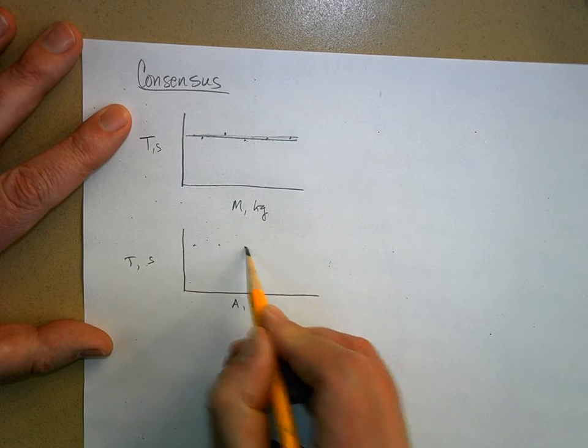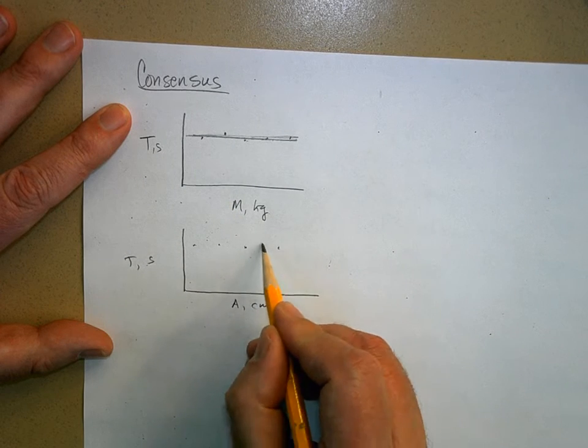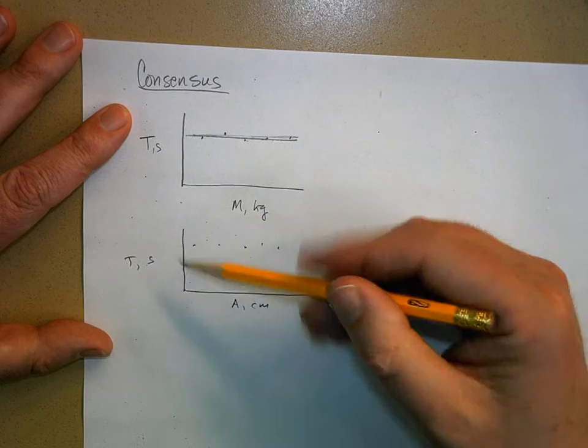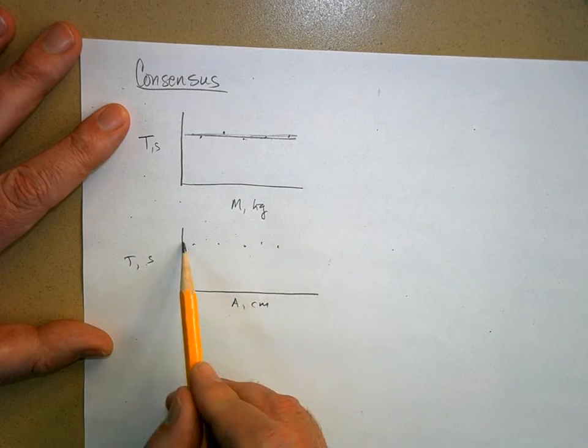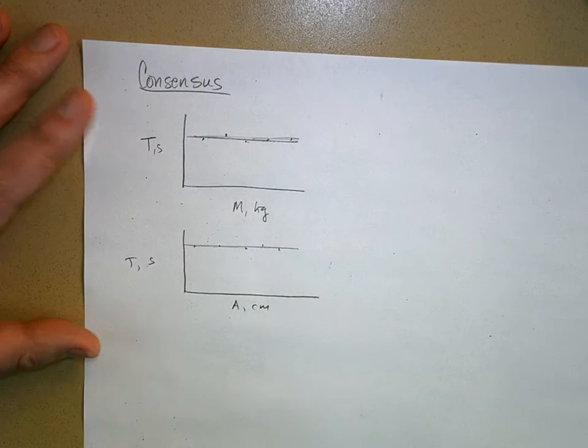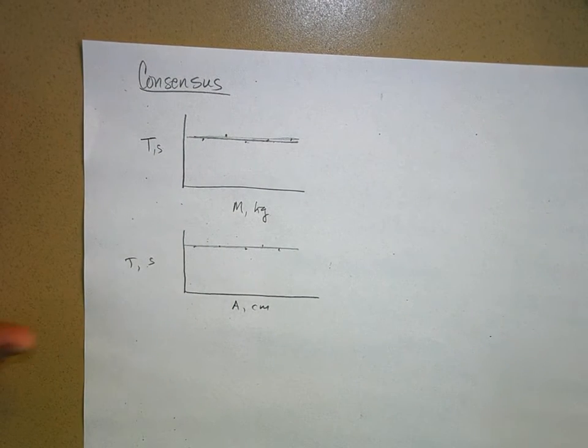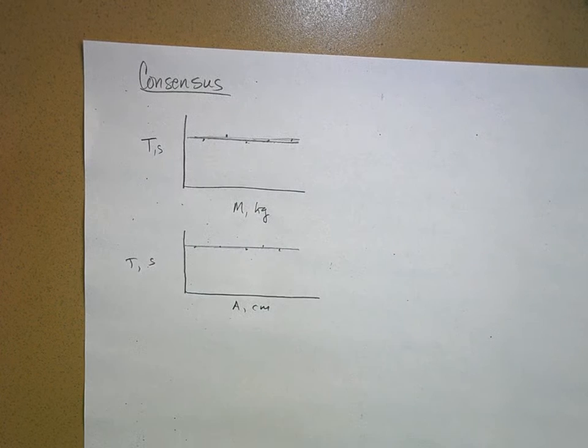It might vary a little bit, but overall, if you don't expand this out, you won't see a pattern other than just a horizontal line. Because it turns out that the period of a pendulum does not depend on the amplitude. It really doesn't. I think you guys had that, group 9. I think you saw that very clearly. I didn't see your whiteboards, but that's what you should see.